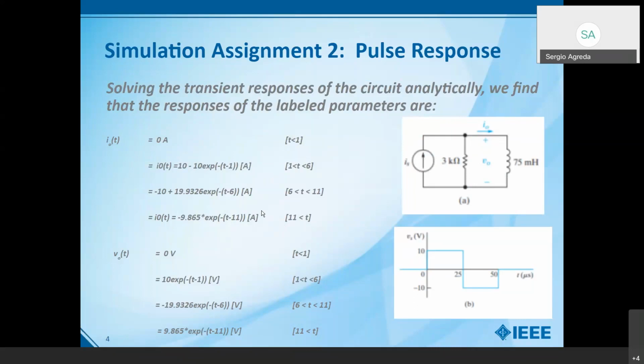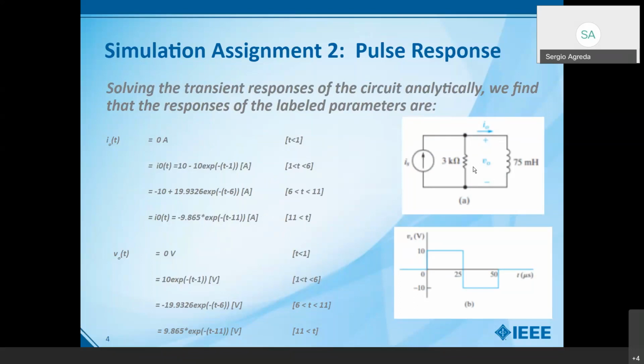If you can imagine how differential equations look on a graph, it usually is a piecewise function that is exponentially decreasing or increasing depending on the actual factors. This also goes the same for the voltage across the resistor and the inductor.